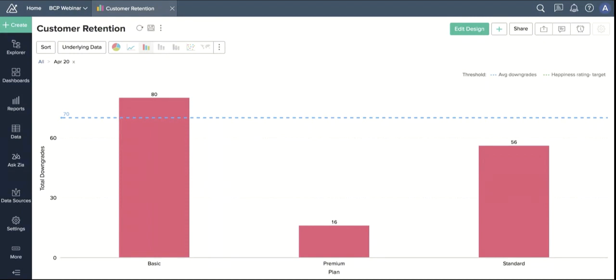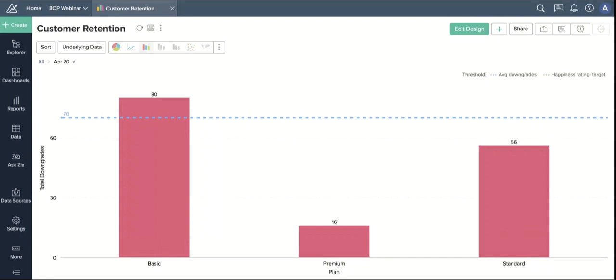But this analysis that you see on the screen clearly shows that the downgrades are high for customers in the basic and standard plans. The basic plan has breached beyond the average downgrades, and the standard plan is fast approaching the average downgrades. So these customers are happy, but still the downgrades are happening.